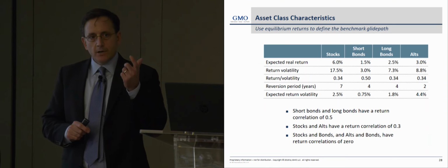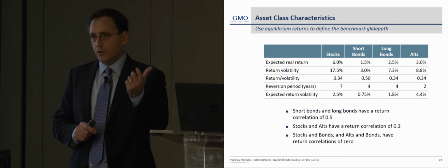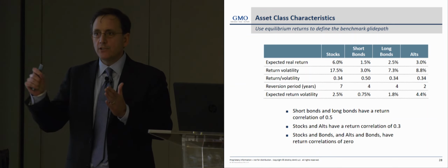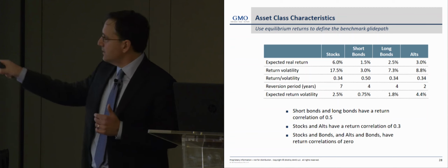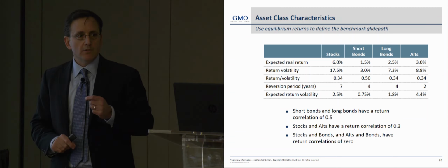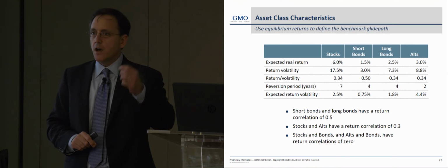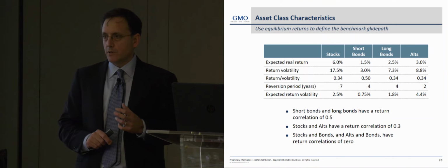If you remember the decomposition that we made, returns are expected returns plus unexpected returns. As your horizon grows, the volatility of your expected returns becomes an increasingly important component of the volatility of total returns.